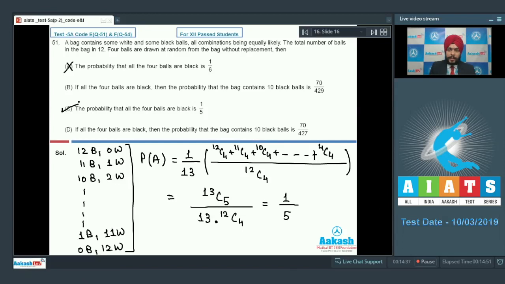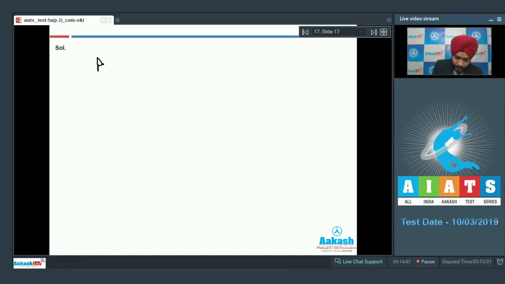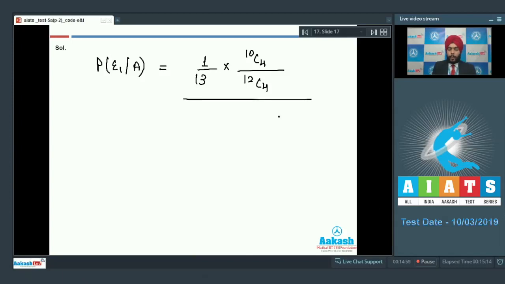Now let us calculate the other answer by applying Bayes theorem. Probability of E1 given A. It is given that all 4 balls are black. Then what is the probability that the bag contains exactly 10 black balls? Probability of E1 given A is 1 by 13 into 10C4 upon 12C4. This is the answer for exactly 10 black balls divided by the answer of the previous option, 1 by 5.